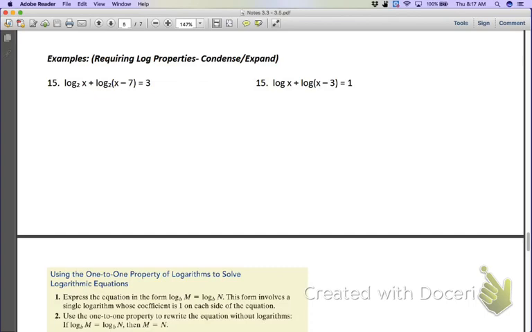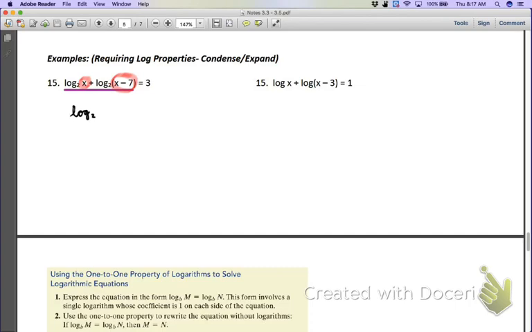So if I am going to condense these two, and it's plus, how am I going to rewrite this? If I have log base 2, what am I going to do with the x and the x minus 7? Multiply them.